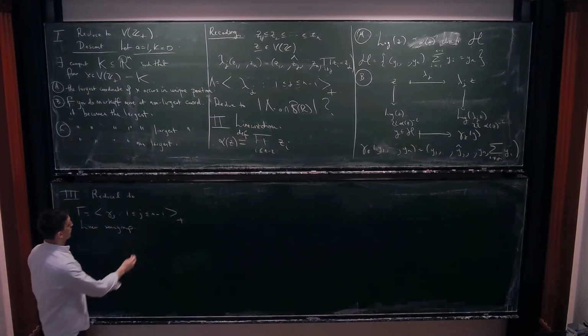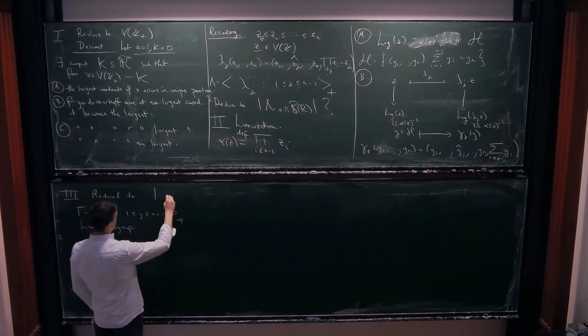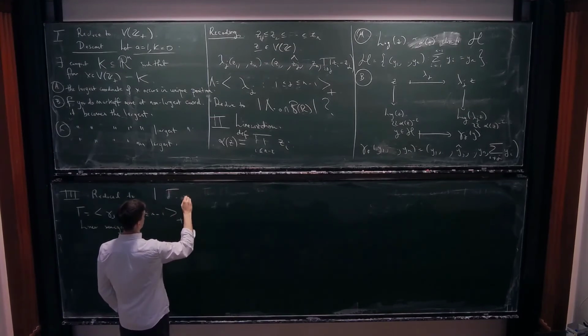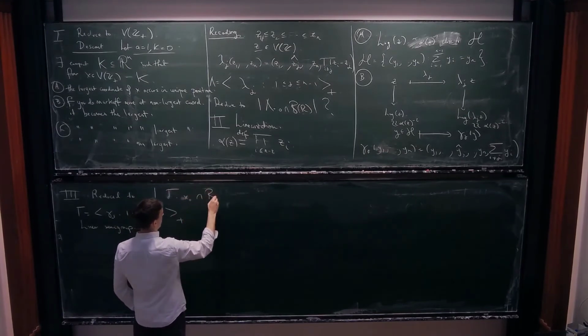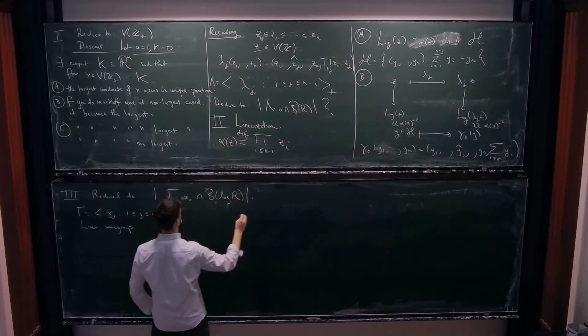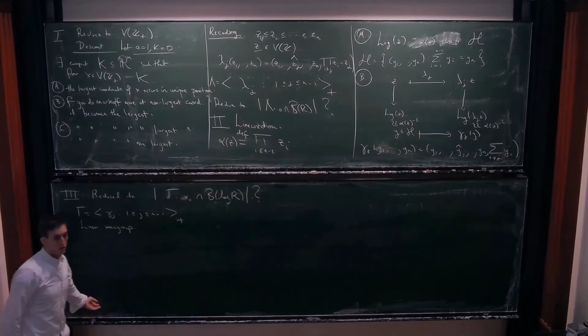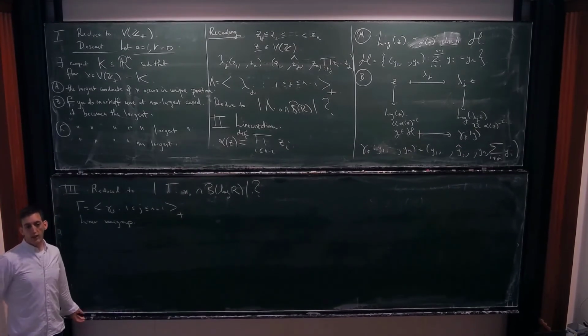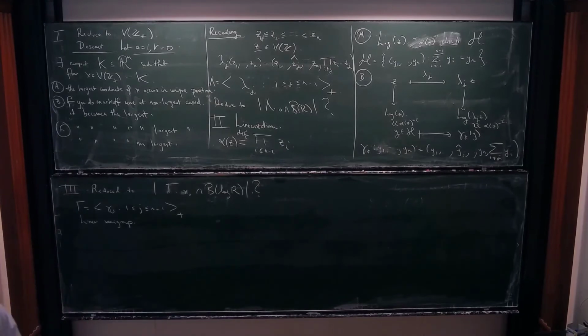So we reduced to counting the size of an orbit under gamma, x naught, intersect the ball of radius log r. Alright, so how do you do linear semigroup counting? This is a free linear semigroup. I should also say that this semigroup preserves that hyperplane. So this is a linear semigroup acting on a hyperplane.